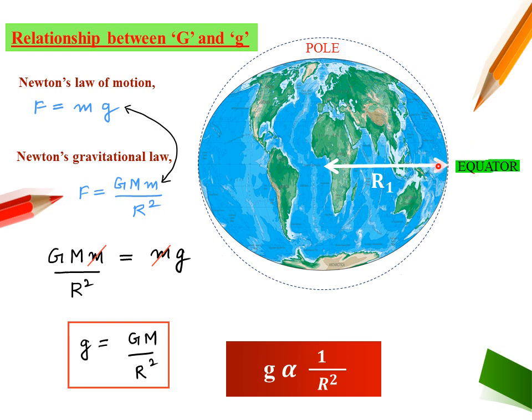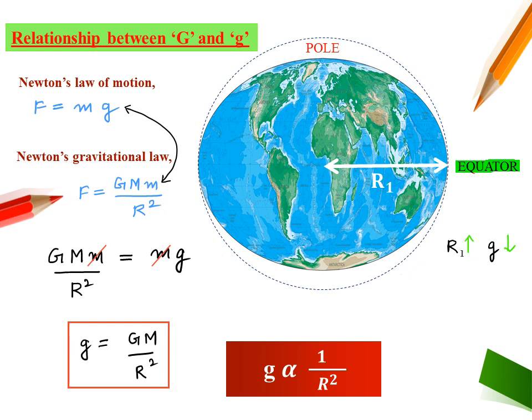So here you can see Earth is not spherical, it is elliptical in shape. I mean to say it is flat at the poles and slightly bulged at the equator. So I have r1 to be greater, so the acceleration due to gravity at this point will be less.